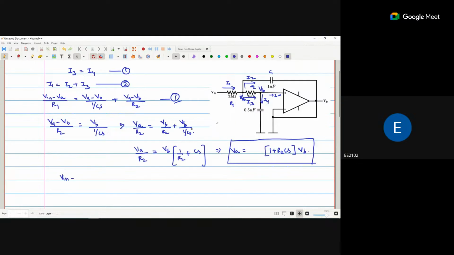So (Vin minus VA) upon R1 is equal to (VA minus Vout) upon 1 by C1s plus (VA minus VB) by R2. Put the value of VA in this equation and solve it. Then you get the output Vout upon Vin.